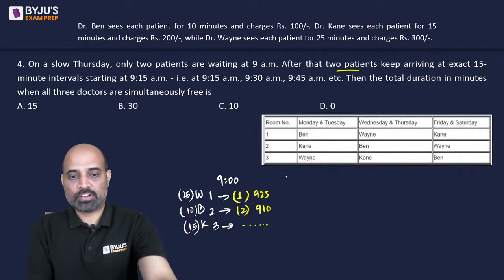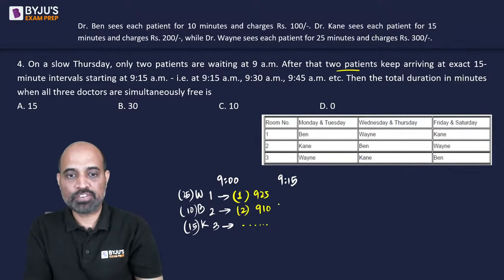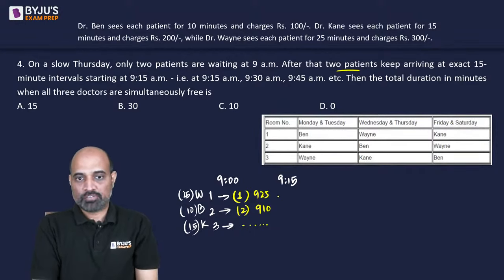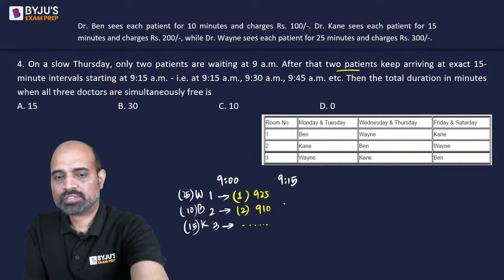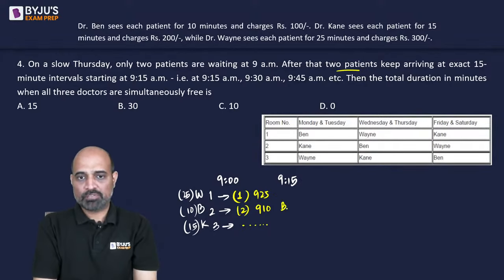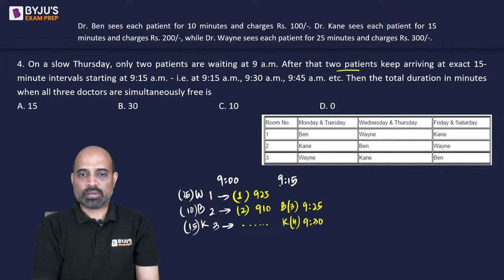So Ben will take the patient number 3 and Ken will take the patient number 4. He will get done by 9:30 here and he will get done by 9:25 here. Okay, I'm putting dots.